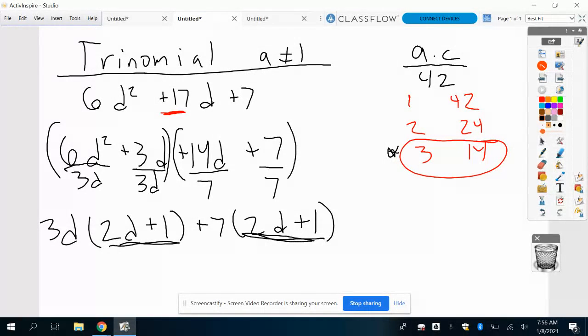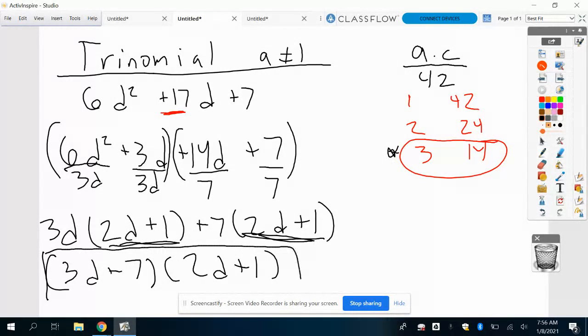So then your 2 answers are this 3d plus 7, and the 2d plus 1. Those are your 2 answers. So that's factoring a trinomial when a is not 1.